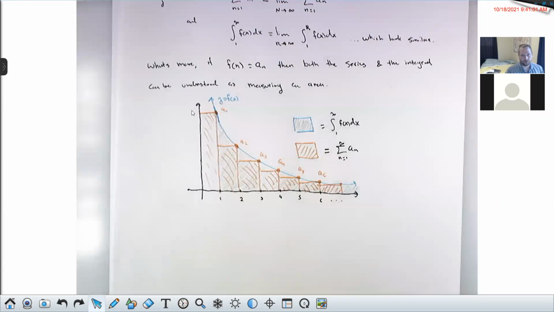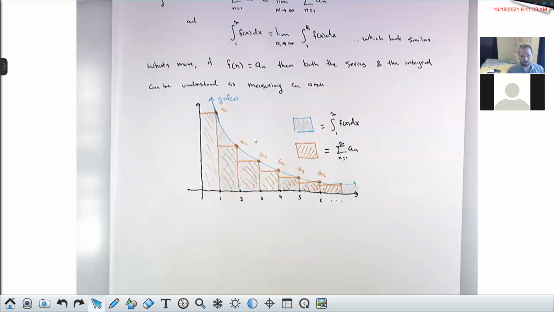So what's the area of this first rectangle here? Well, it's the height, which is a_1, times the base, which is 1. So this is a_1. The area here is a_2. The area here is a_3. The area here is a_4. And if you add all of those up, that is this thing.